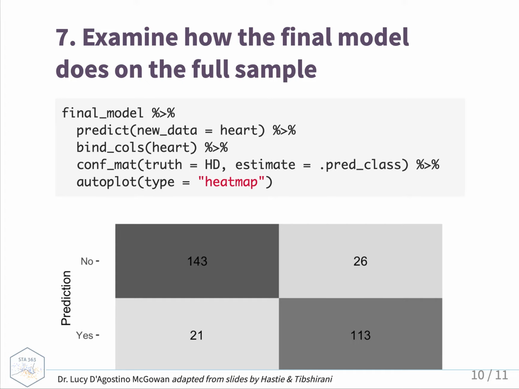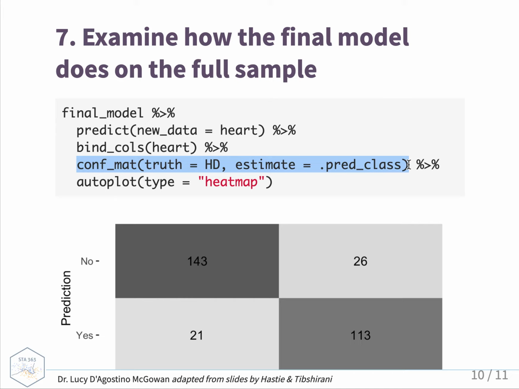And then we can examine how the final model does on the full sample. For example, we could predict using that full sample. I'm going to predict what the training values would be using this model. And then I can do what's called a confusion matrix.